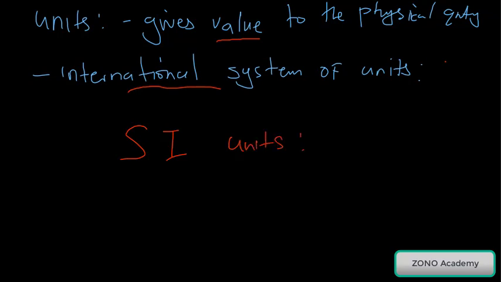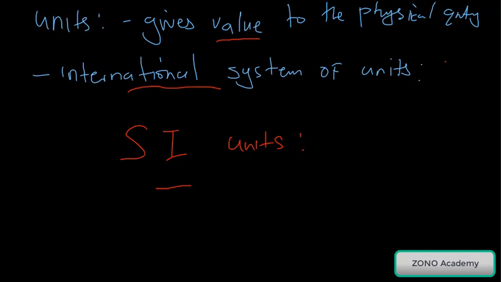Now, this is done basically for uniformity in the experiments that are being done in physics, no matter where they are conducted around the world. So for the sake of uniformity, the International System of Units has been defined to describe the measurements of these physical quantities. We shall look at these physical quantities and their SI units.